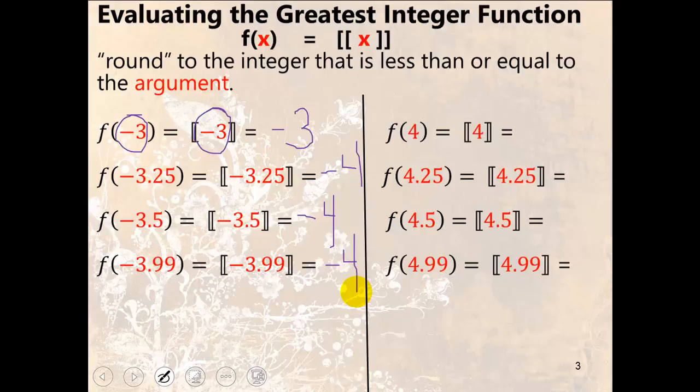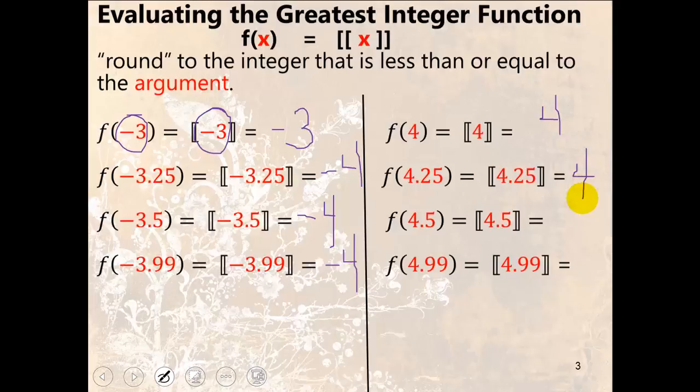So if I were to find f of 4 in a greatest integer function, that would be 4. However, when I go to 4.25, I need the greatest integer that's less than 4.25, well, that's going to be 4.